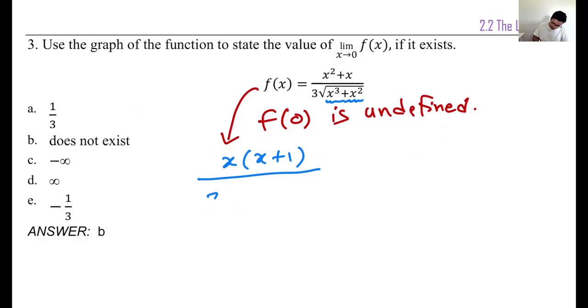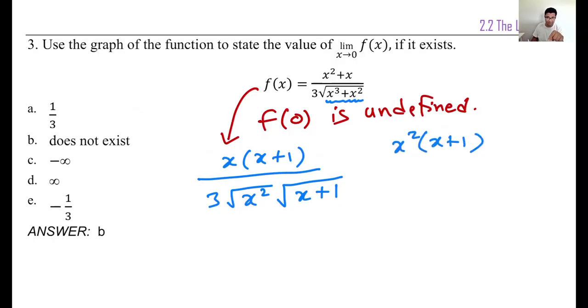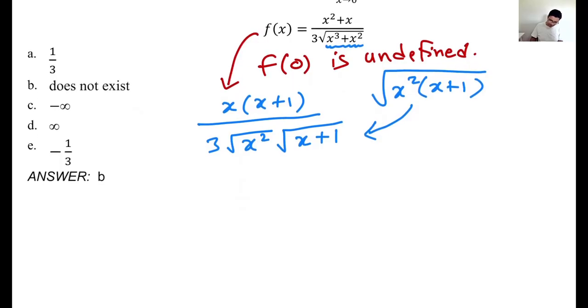So you could factor that x square out, and what remains will be x out of x cube and 1 out of x square. You can factor out x square, and what remains is x plus 1. There is a square root for that, and then you can split that into two things, right? Square root of x square, square root of x plus 1.